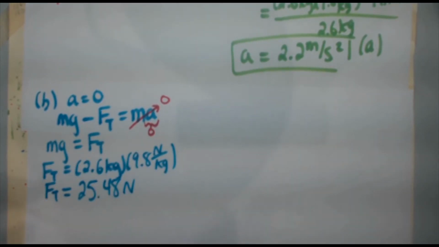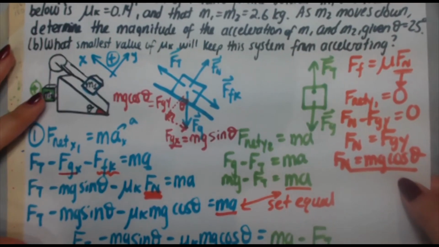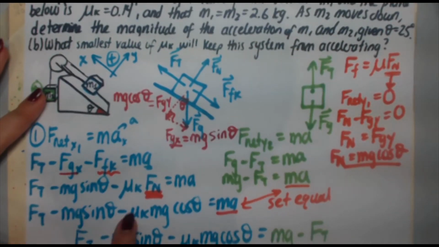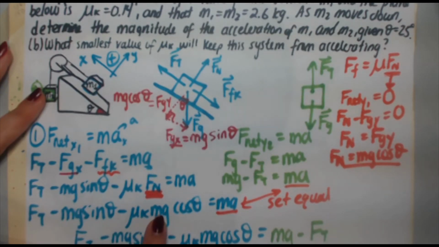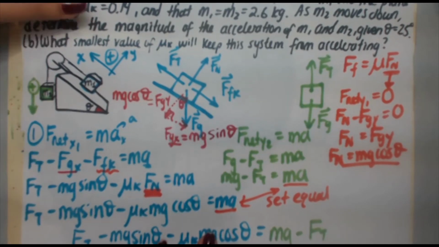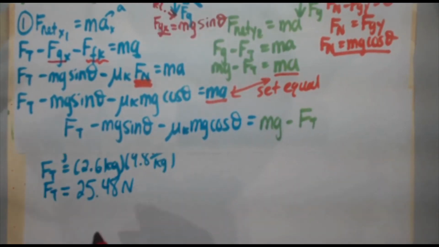Okay, so there's that. The next thing we want to do, we're looking for the coefficient of kinetic friction. Between the two equations, the only one that actually displayed the coefficient of kinetic friction was this one right here: Ft minus mg sine theta minus mu k mg cos theta equals ma. We're going to use this. So let's just go ahead and copy that down here.